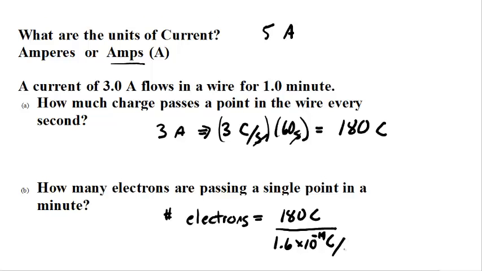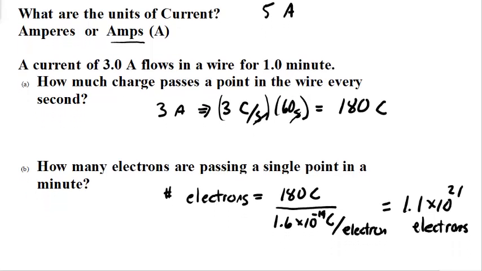And that's the charge for every electron. And that's how many electrons you'd have going by in 1 minute.